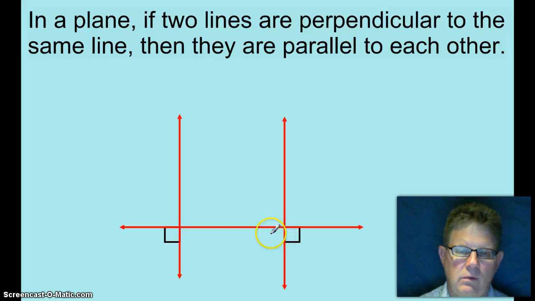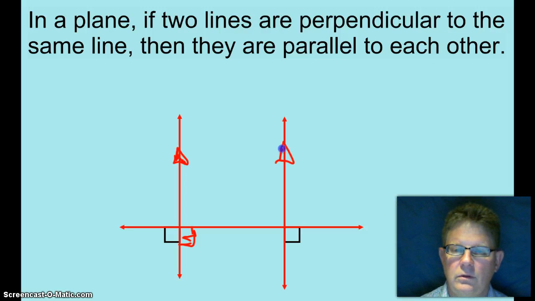Using the corresponding angle postulate, we're going to make this a right angle. Using the linear pair postulate, these two have to add up to 180. Now using the corresponding angle converse, we can get these lines parallel to each other.